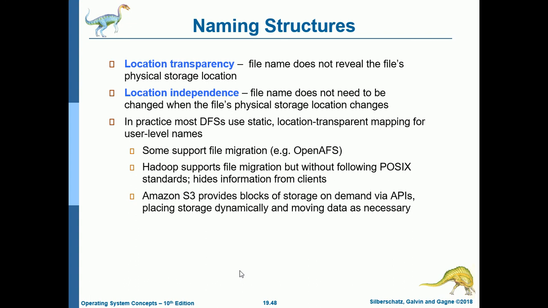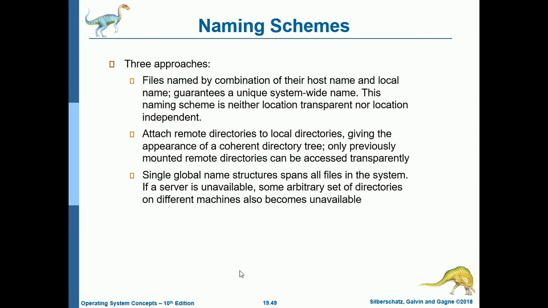Some support file migration, such as OpenAFS. Hadoop supports file migration but without following POSIX standards, and hides information from clients. Amazon S3 provides blocks of storage on demand via APIs, placing storage dynamically and moving data as necessary.